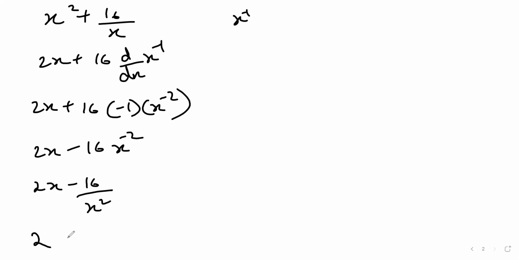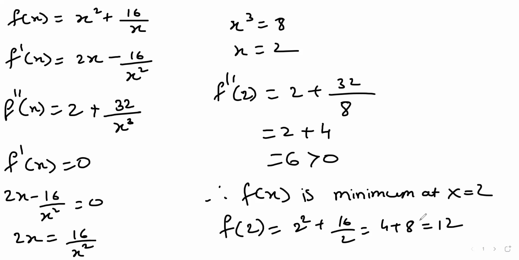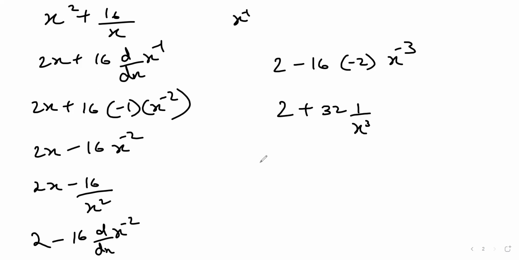See, 2 minus 16 d dx of x raised to minus 2. So 2 minus 16 into minus 2 x raised to minus 3. So 2 plus 32 into 1 upon x cube. So this is your f double dash of x. This is f dash of x, this is f double dash of x.